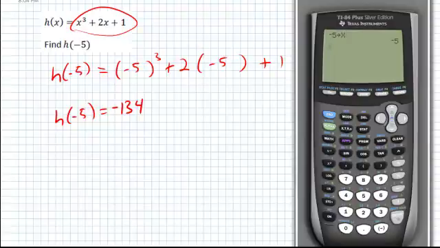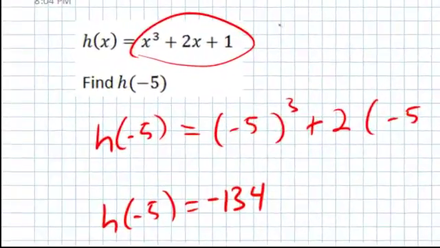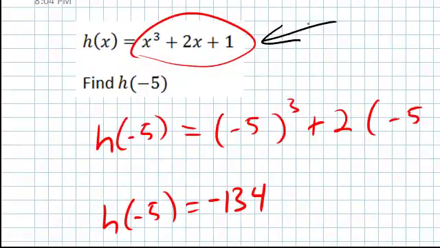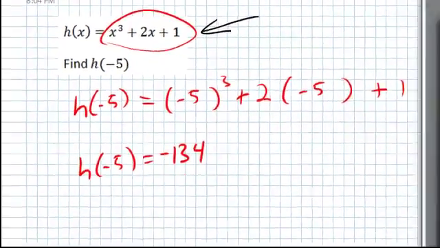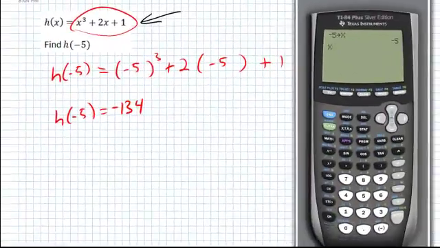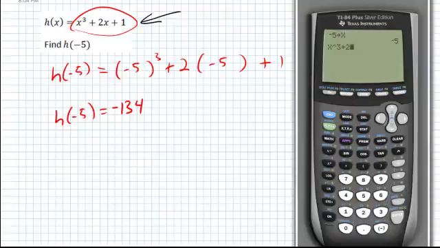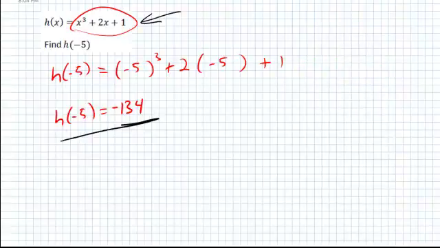So I'm just going to type in x cubed plus 2x plus 1, which gives me negative 134. So my answer is verified. Nice, huh?